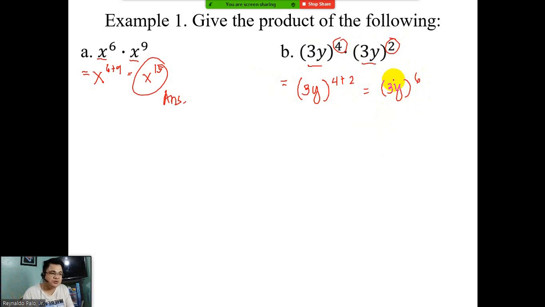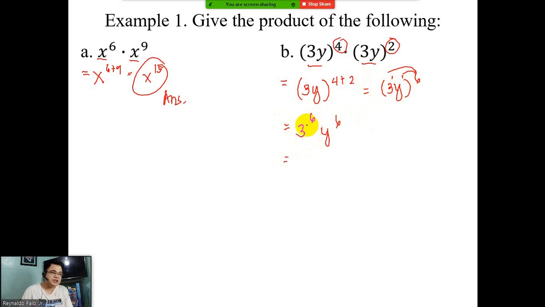So distribute. Take note that for every whole number and variable, there is a default exponent of 1. So you need to multiply 6 to the exponents. Again, take note of the word multiply, because the exponent is outside the grouping symbol. So 6 times 1, this will become 3 raised to the power of 6, and 6 times 1 as well, this is y raised to the power of 6.